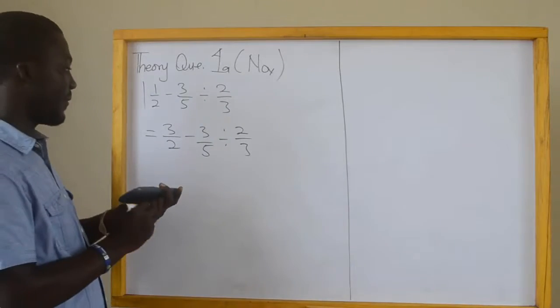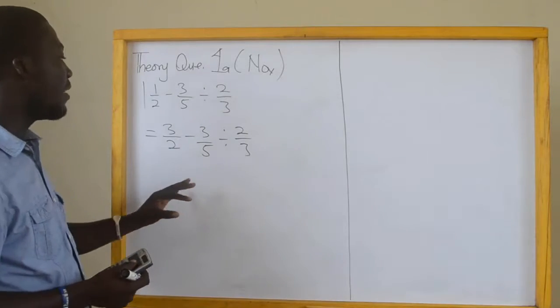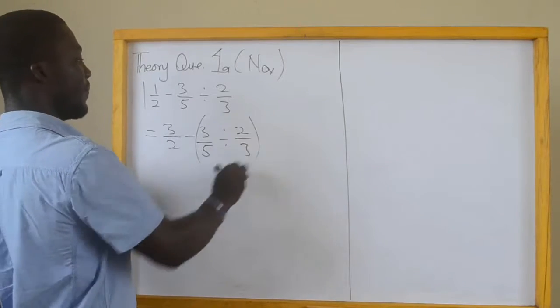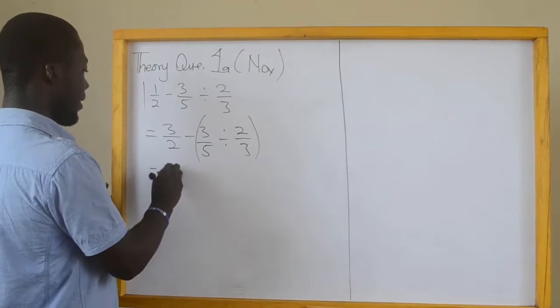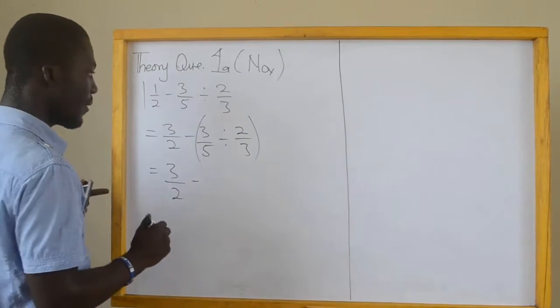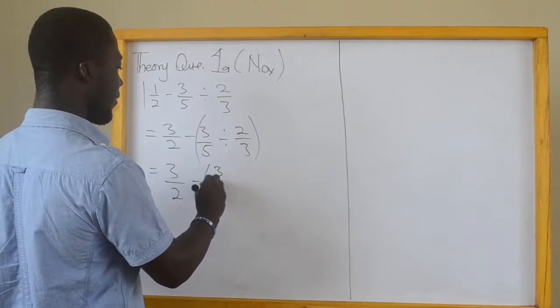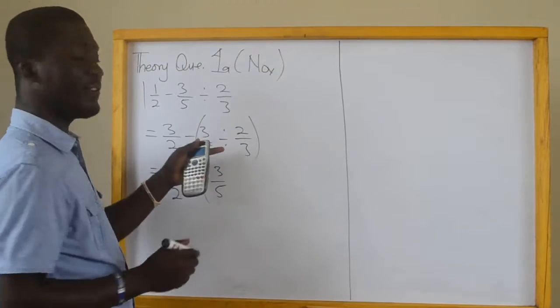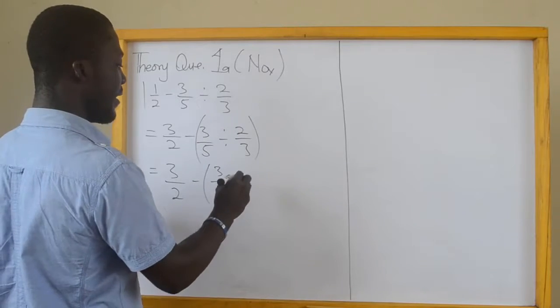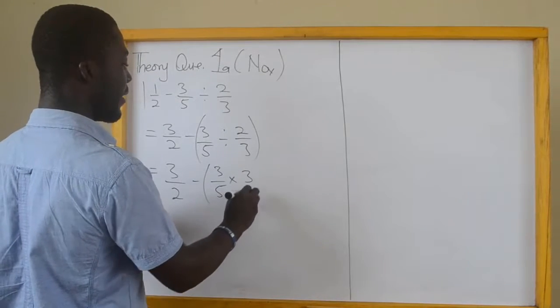Looking at this, we have two terms. So I will put this term in one bracket and deal with it. Minus 3 over 5. The division symbol will change to multiplication. Then it will be 3 over 2.